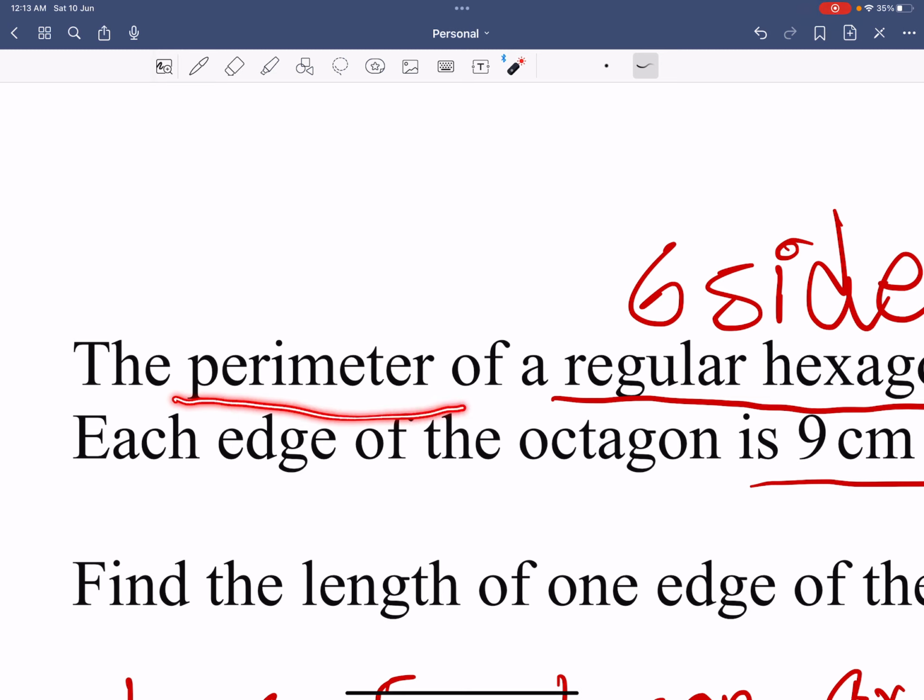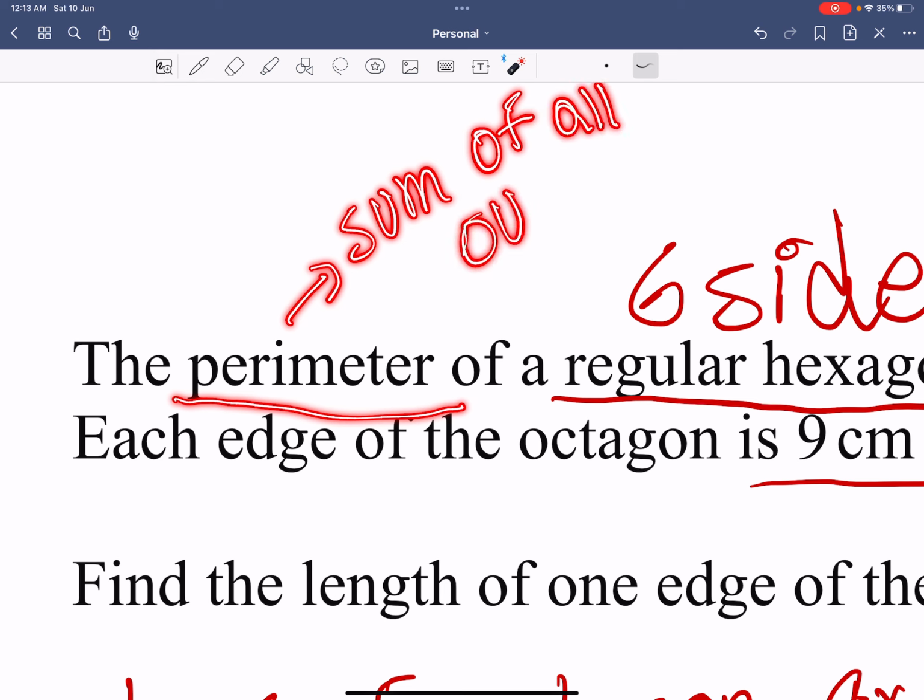understand what perimeter means. Perimeter means the sum of all the outer boundary. So guys, the emphasis is on the words outer boundary. Why?